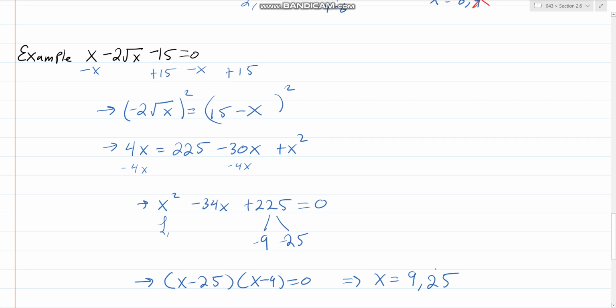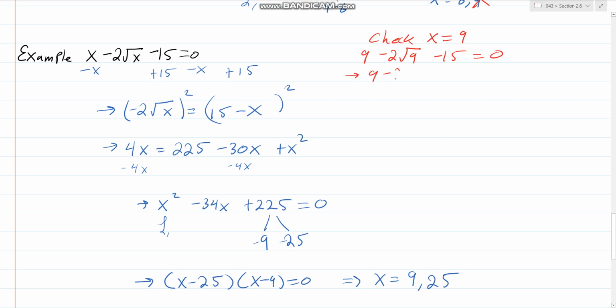Now again, we're going to need to check and make sure that that works. I'm going to do it in a different color so I can kind of keep track of my work. I think there's a C in that word. x equals 9. So I got 9 minus 2 root 9 minus 15 equals 0.